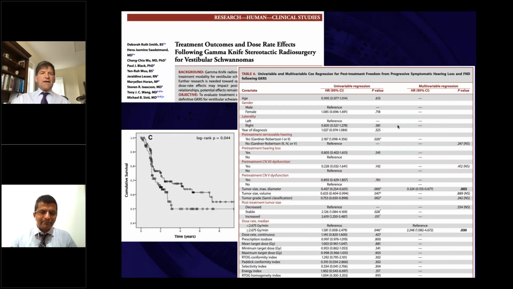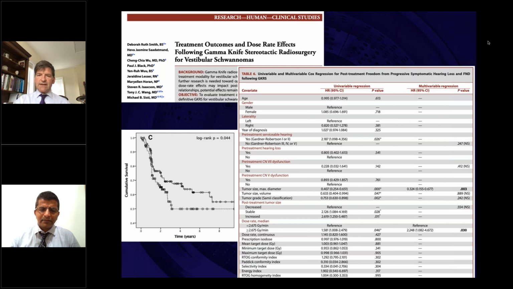There's another interesting paper that was published recently by the group at Columbia University in New York. This was looking at treatment outcomes and dose rate effects following gamma knife for vestibular schwannomas. And what the group found was that there was a statistically significant difference in the dose rate, or at least the incidence of hearing loss and dose rate.